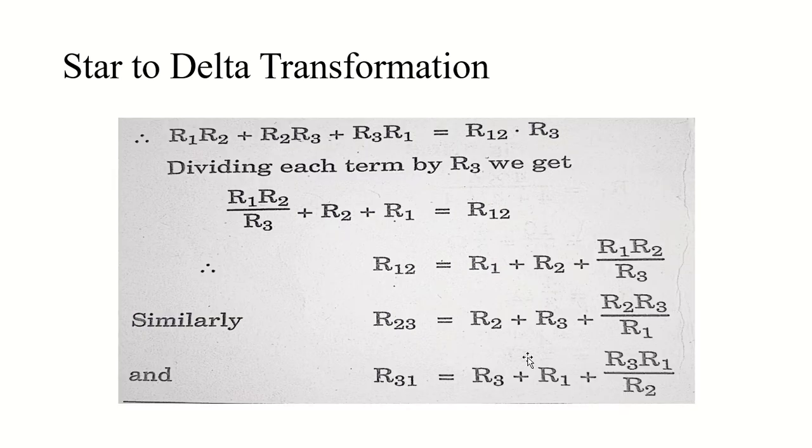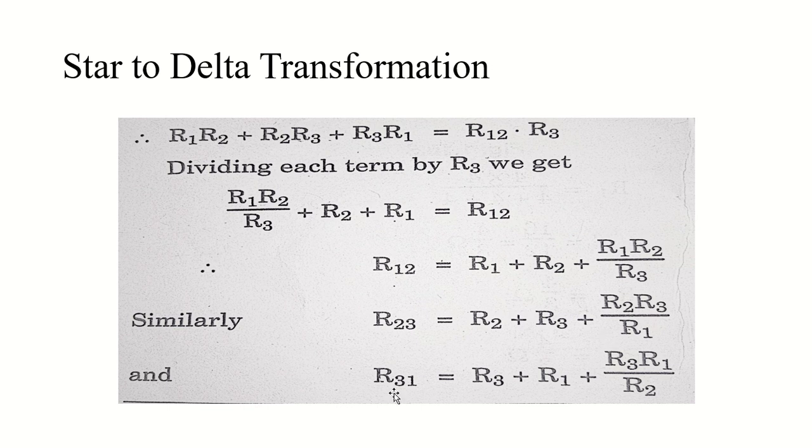But if you're smart enough, you see the pattern here. R12 has two numbers R1 and R2, so we have R1 plus R2, then the multiplication of those two numbers divided by R3. So if I want to find the value of R23, what will be the equation? It will be R2 plus R3, plus the multiplication of both these numbers divided by R1.